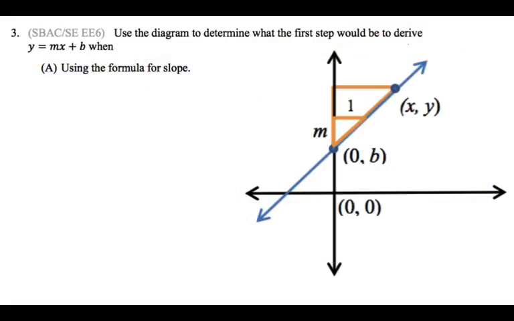Okay, so let's take a look at how this is going to work. We're going to use the points that we have here. I have 2 points that I'm given. I have the point 0, b, and I have the point x, y.